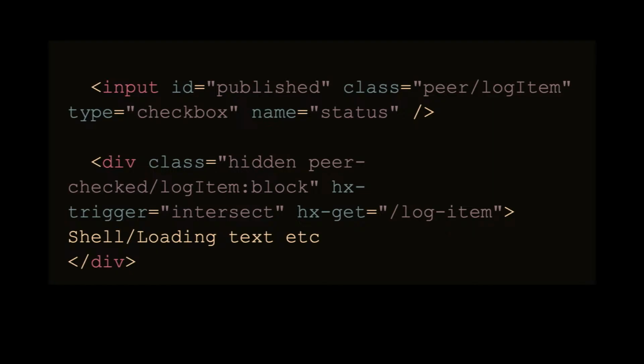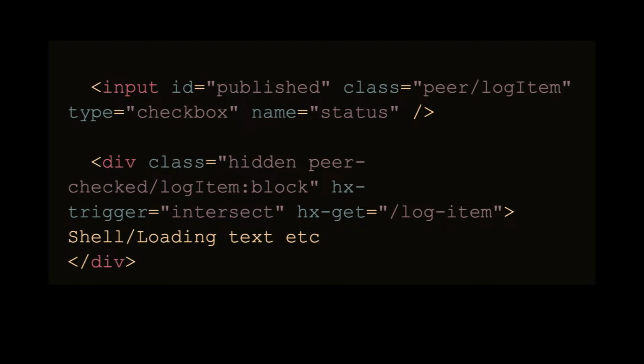For example, when it's checked, we're going to add this Tailwind CSS block class to the div below. And so no JavaScript involved. And then with HTMX, I can now use this hx-trigger and hx-get to make the request to the server and get that data, and of course, override the content of this div.